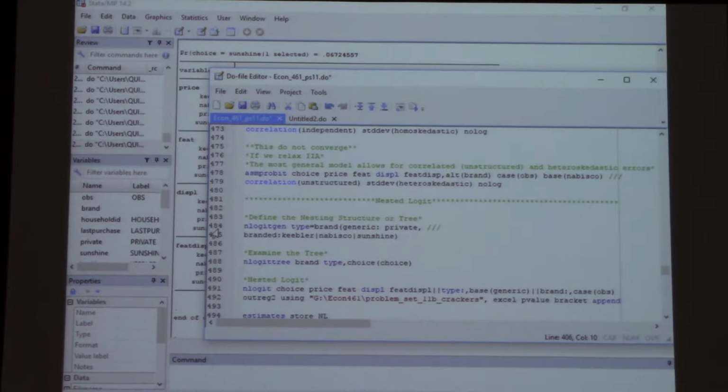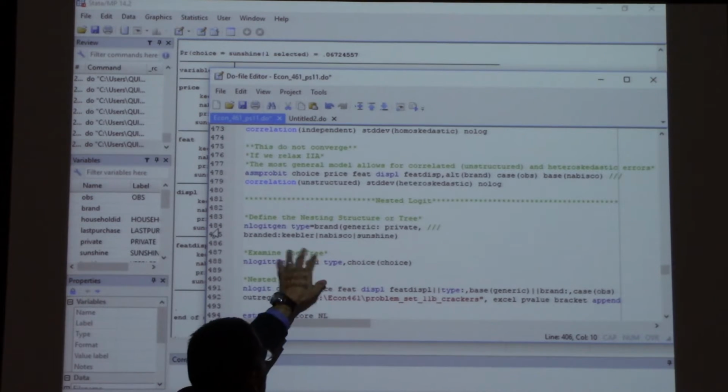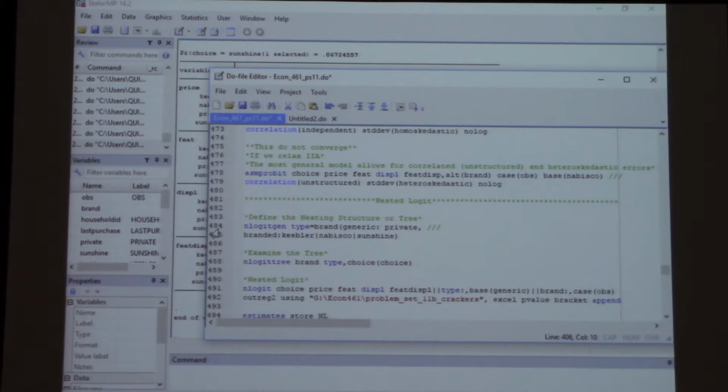They're either going to buy branded crackers or they're going to buy generic crackers, but they don't view them as substitutes. Again, that's an assumption we have to make. But if you choose to buy a branded cracker, then you have these substitutes of Keebler, Nabisco, and Sunshine. So that's our working assumption for using this nested logit model.